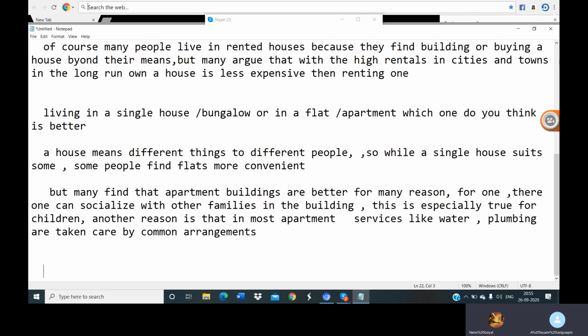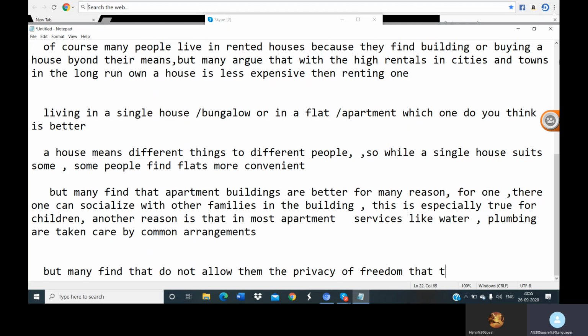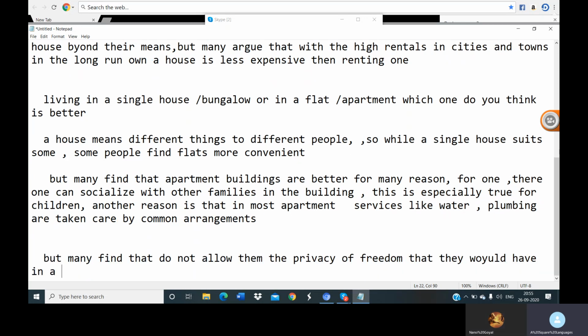But many find that apartments do not allow them the privacy or freedom, the privacy of freedom that they would have in a single house. Is that clear to you?